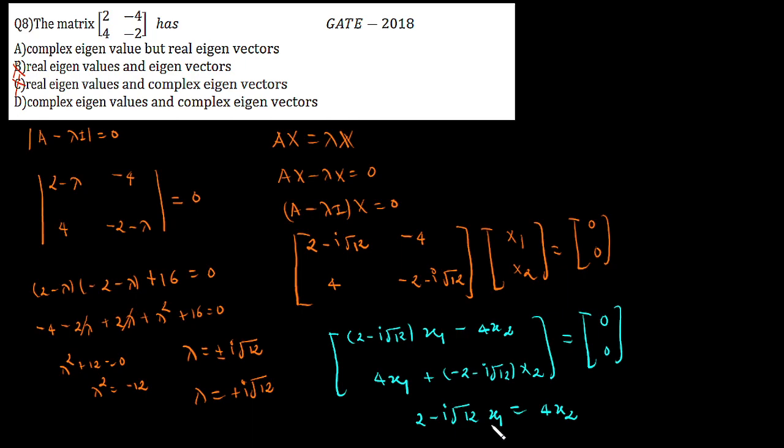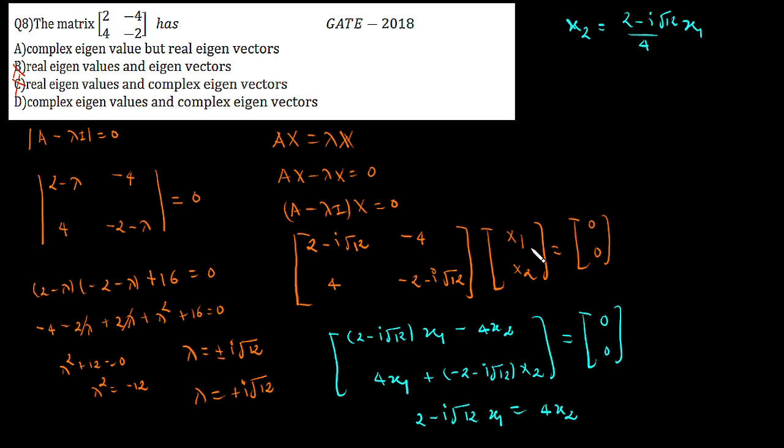So now we have found the relation between these two variables x1 and x2. Now let's bring this 4 to the left hand side. So I can say x2 equal to 2 minus i under root of 12 by 4 times x1.